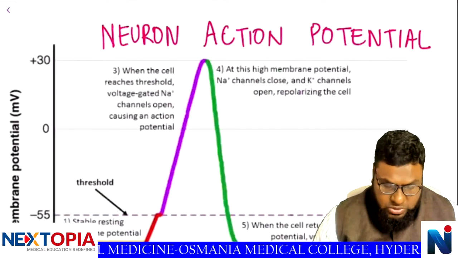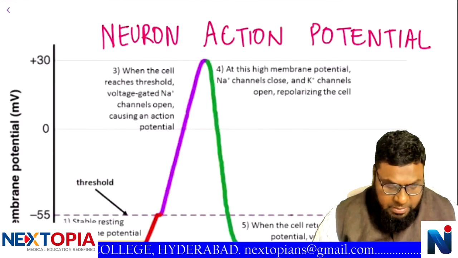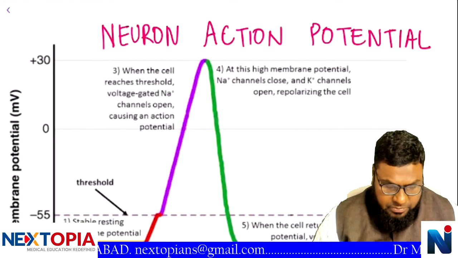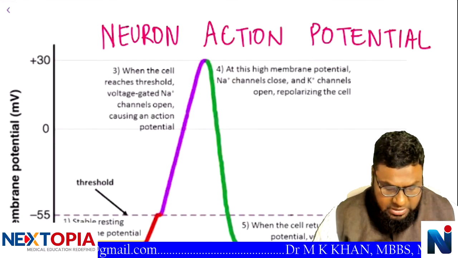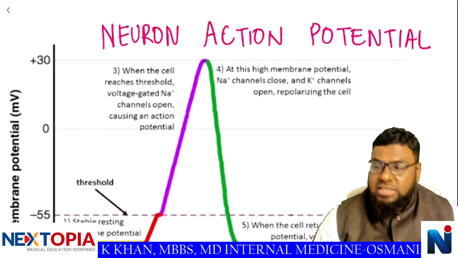So in this diagram, if you see, initially the resting membrane potential is minus 70 millivolts. All right, resting membrane potential is minus 70 millivolts.